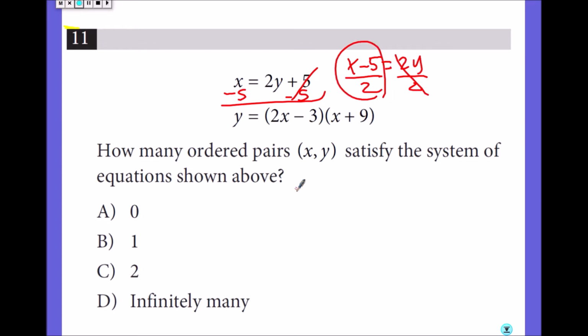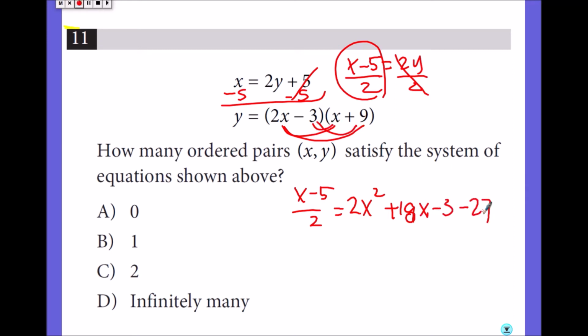So my y is x minus 5 over 2 equals that, which is 2x squared plus 18x minus 3 minus 27. So I get x minus 5 over 2 equals 2x squared plus 18x minus 30.